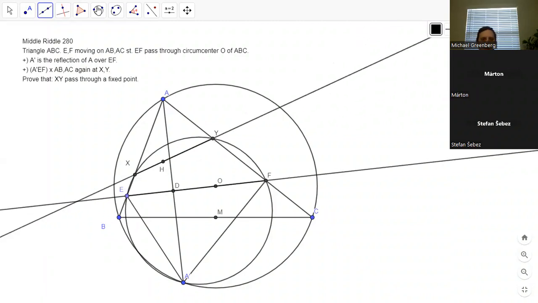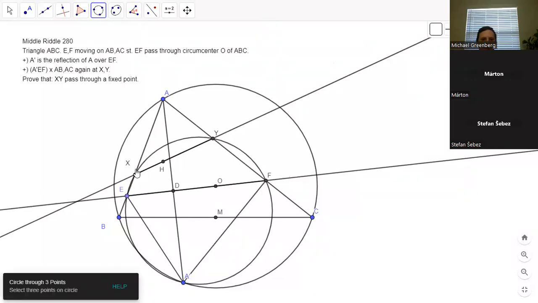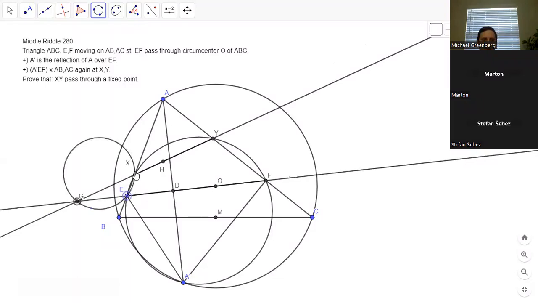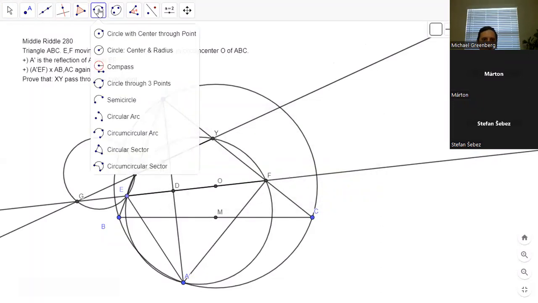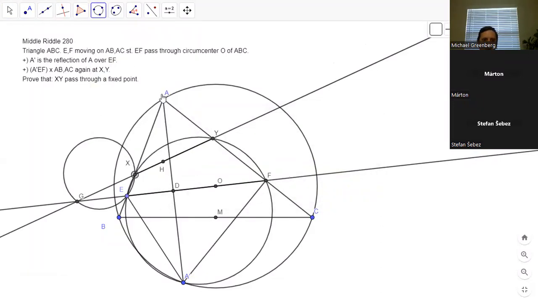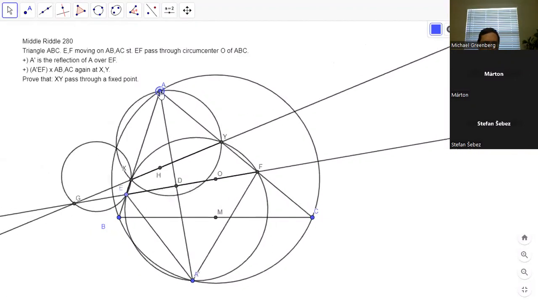So like the intersection of all these circles, is it like this Miquel point? Yeah, I guess it should be. And I don't think those concur.